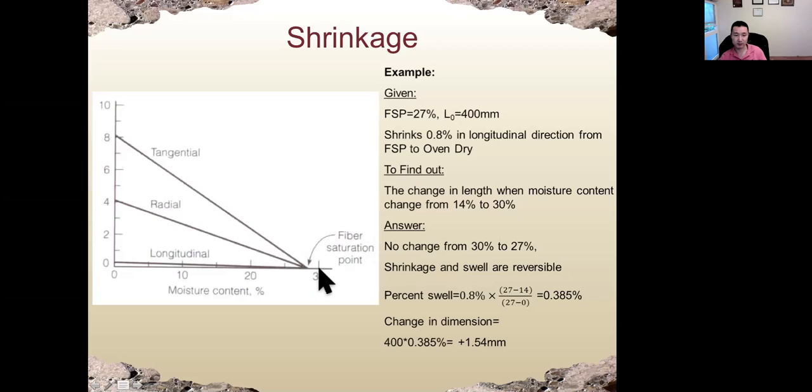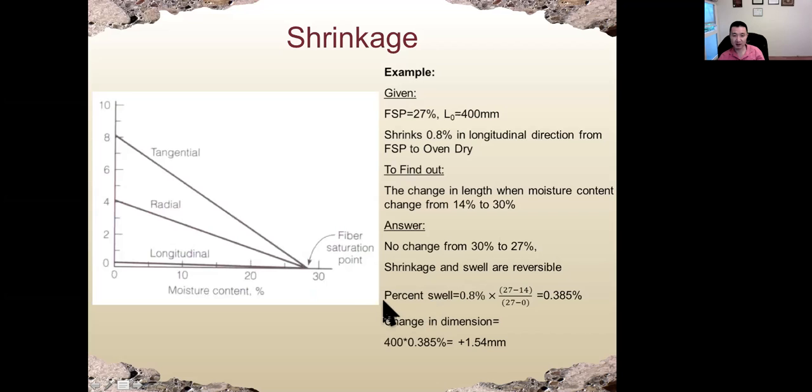30% is beyond FSP, which is 27%. Between 27 and 30%, we have a change in free water, and that does not affect the shrinkage at all. So there's no change from 30 to 27%, but below 27%, we can do linear interpolation, because the change in length is linear below 27%.